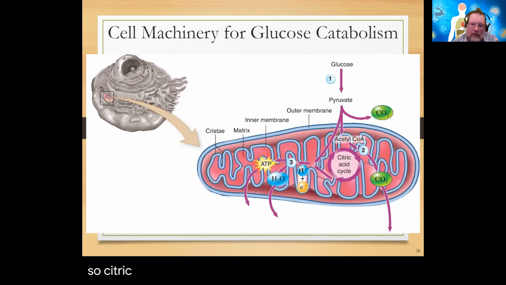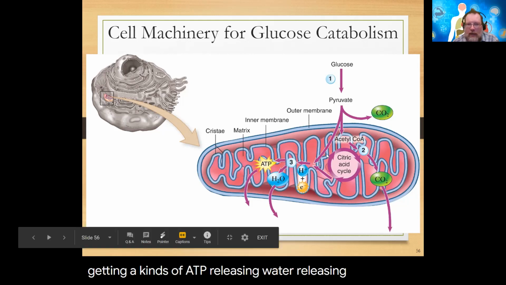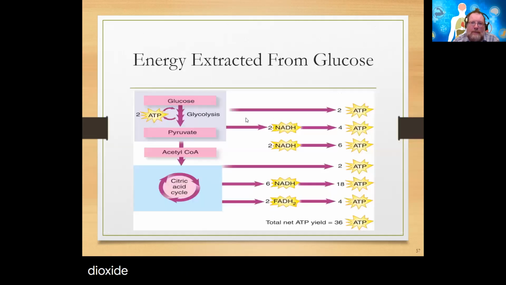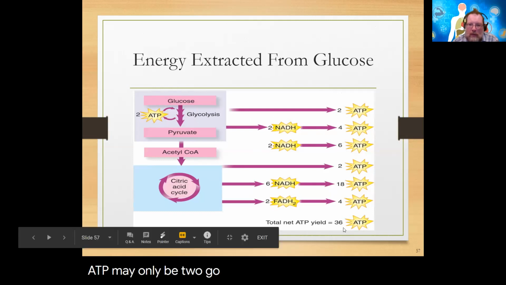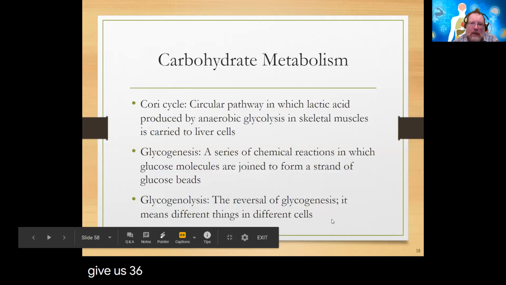Okay, so citric acid cycle, electron transport chain, traveling along, getting all kinds of ATP, releasing water, releasing carbon dioxide. And again, when we just do glycolysis, our net gain of ATP may only be 2. As we go down the line through the citric acid cycle and the electron transport system, it will give us 36 ATP.